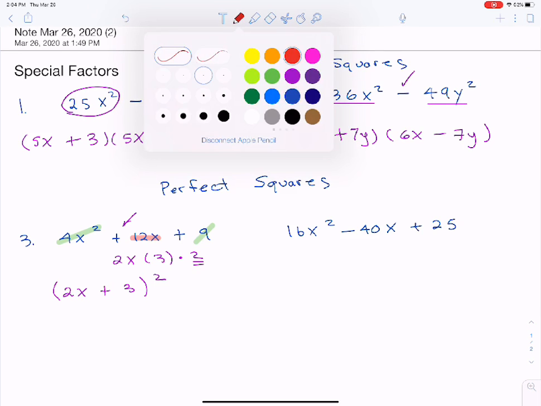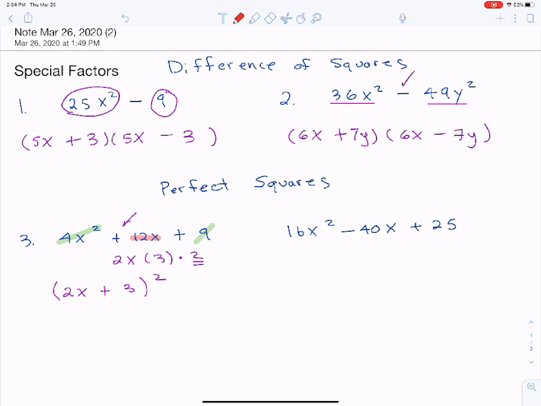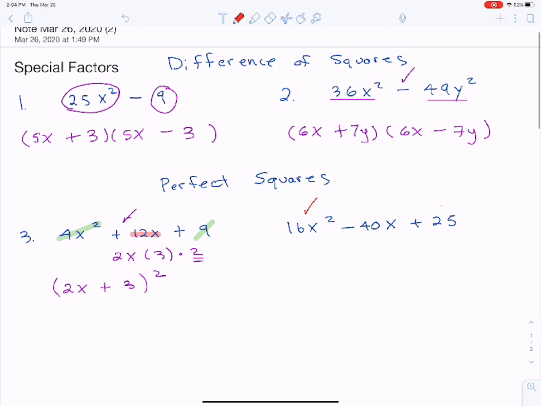Is the first term a perfect square? Yes, it is. Is the last term a perfect square? Yes, it is. Okay, negative 40x. So if we take the square root of the first, which is 4x, times the square root of the second, which is 5, and multiply it by 2, do we get the middle term? Let's see. 4x times 5 is 20x. 20x times 2 is 40x. Yes, we do.